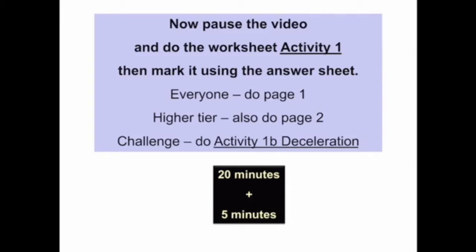And if you think that's no problem, then have a go at doing the challenge, which is activity 1B, deceleration. So what happens if you're not speeding up but you're slowing down? Give yourself about 20 minutes on it, so you don't have to do every single question. There's 4 questions in each group, so you could do 2 of each. And then 5 minutes to mark what you've done using the model answer sheet.